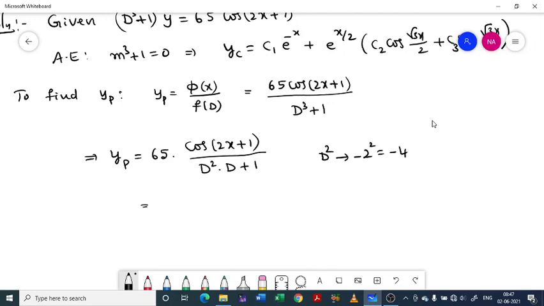So we will be getting this to be 65 times cos of 2x plus 1 divided by, d square replaced, so it will be minus 4d plus 1. Now again there are two ways.